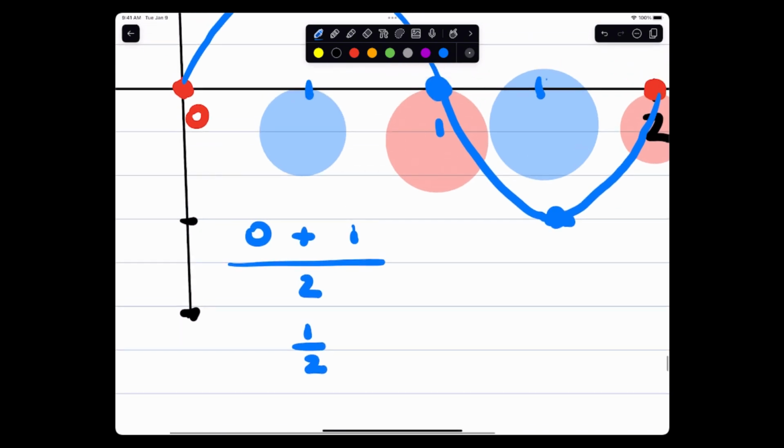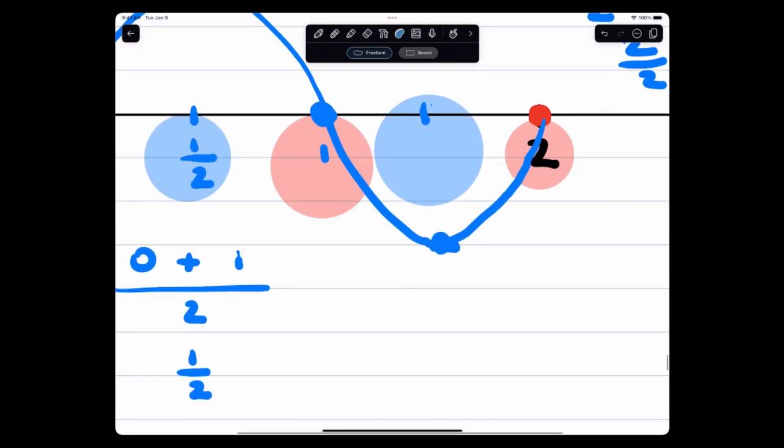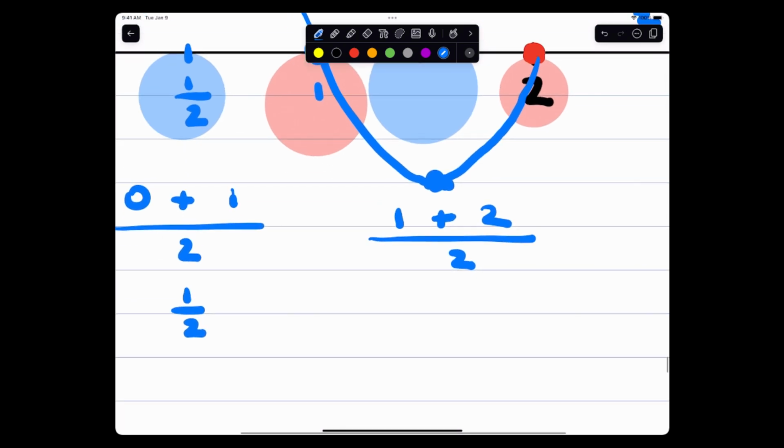This is 1/2, isn't it? Easy peasy. Is that 1/2? What's midway between 1 and 2? 1 plus 2 divided by what? 2. What do you get? You get 3/2. So there you go.